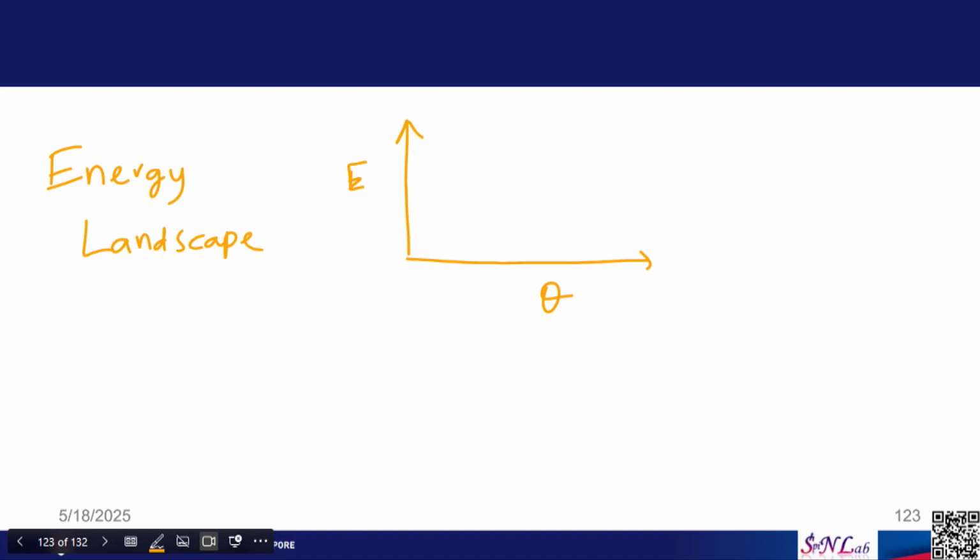Okay, we learnt that. Then what else did we learn? Then I told you about the energy landscape. If you plot the energy as a function of angle, let us say this refers to one easy direction, this refers to another easy direction.